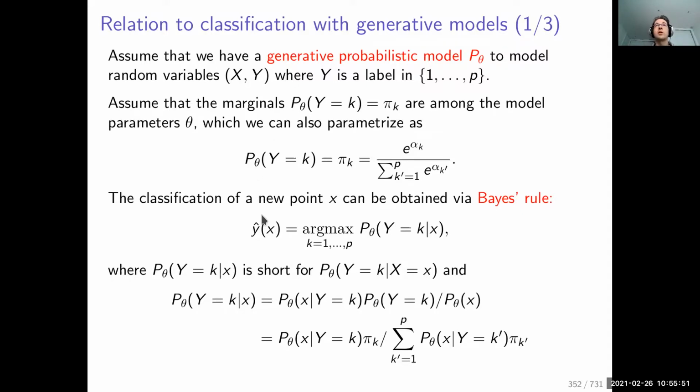Assume, and let us discuss this assumption later, that you have such a probabilistic model p theta of x,y. You can simply classify by using an assignment rule that, given a new data point x, looks at the maximal probability p theta of y equal k given x.